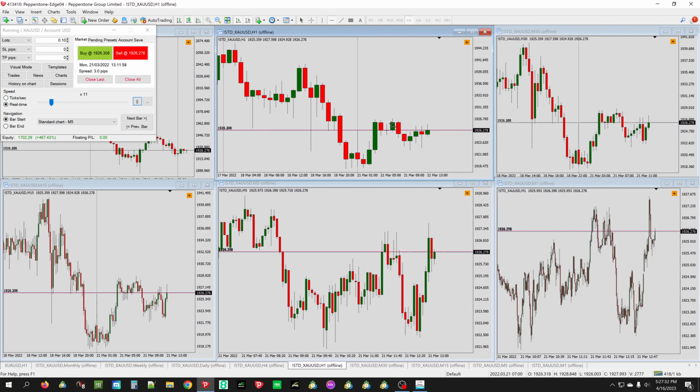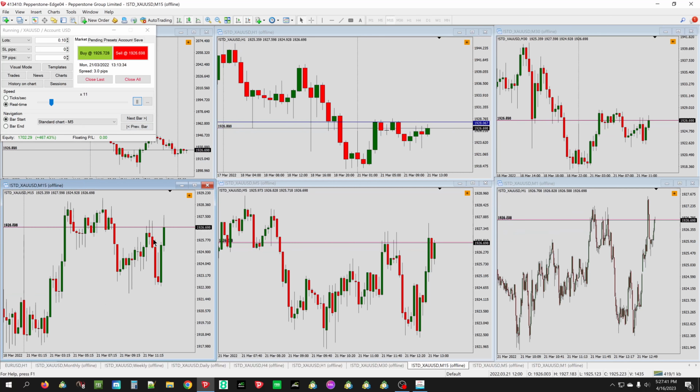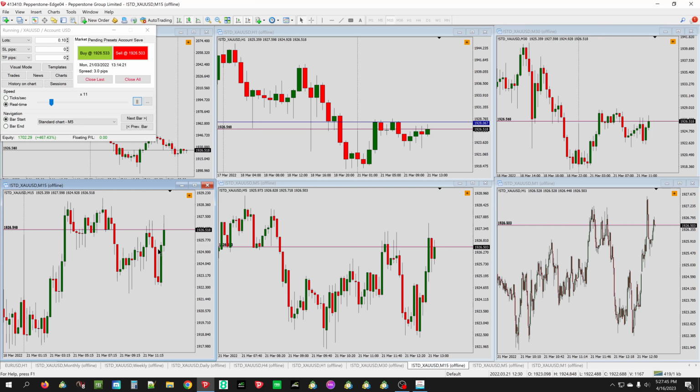We are waiting to see if we can break above this resistance for buys, and break below that support for sells. Other than that, we are just waiting.